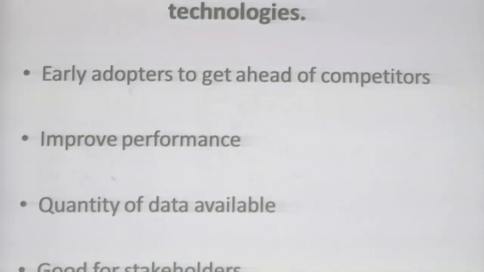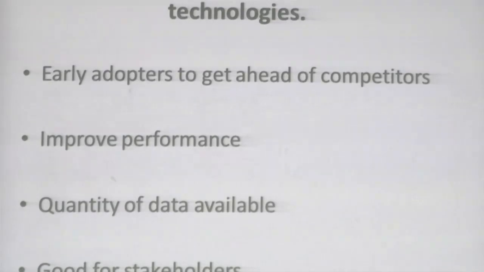And quality of data available. The data available in the organization is of good quality, because through technologies the quality of data can be improved. As an example, in a simple form given to outside parties, let us say a student registration form, when you are filling in the form, it automatically identifies errors as you type.